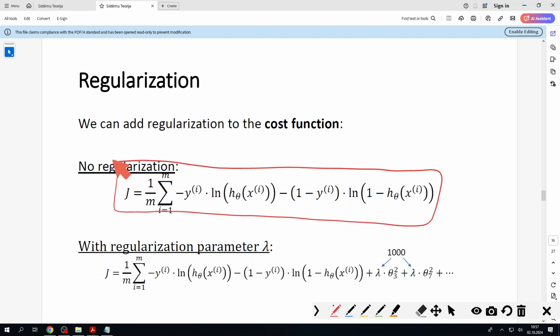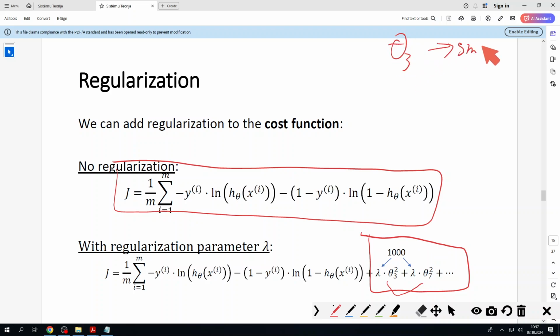And what we do here is add extra regularization, like so. So now, in addition to the normal cost, which is related to accuracy, how accurately it will predict, we want to say, okay, I want to minimize as much as possible parameters theta 3 and theta 7.